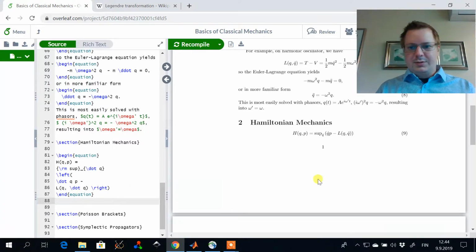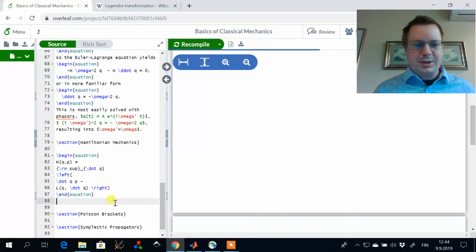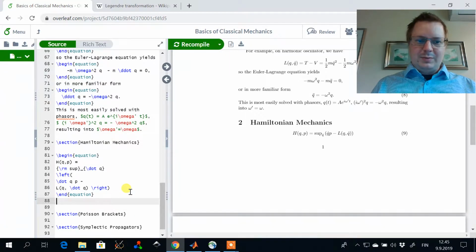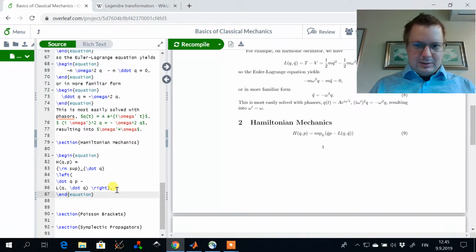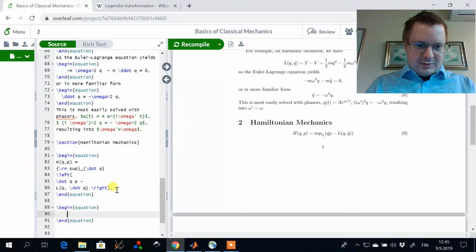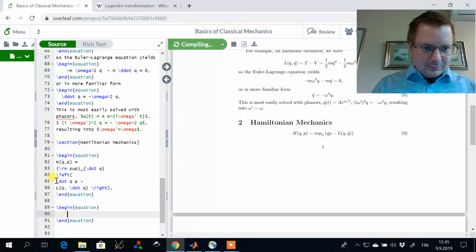So how do you solve this? You solve for the stationary point with respect to dot q. So it means that we need to take the derivative of this expression. Essentially, we take the derivative with respect to q dot of that thing here.